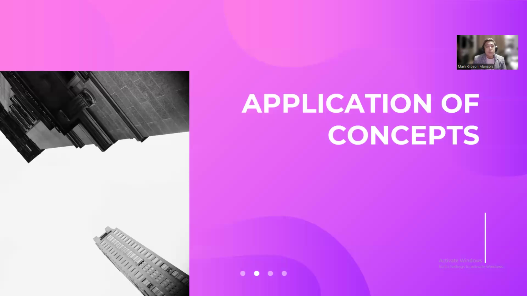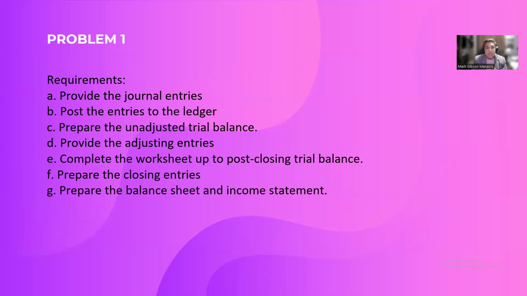Now, in order for us to have a stronger understanding of this concept, let's apply it to a sample problem. So let me read the requirements first, and then we'll go back to the information presented. So what are the requirements? Number one, we have to provide the journal entries to post the entries to the ledger.